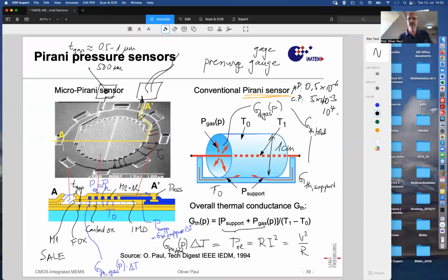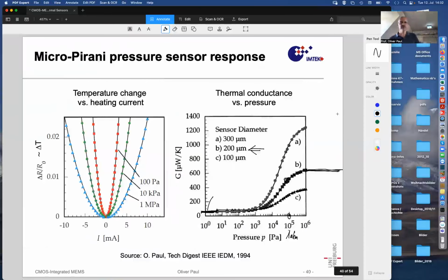And that means that if this were a sensor of macroscopic dimensions, I'll draw just any curve here, it would have some saturation value, and then roughly 1, 2, 3, 4 powers of 10 later, it does its transition from one level to the other.